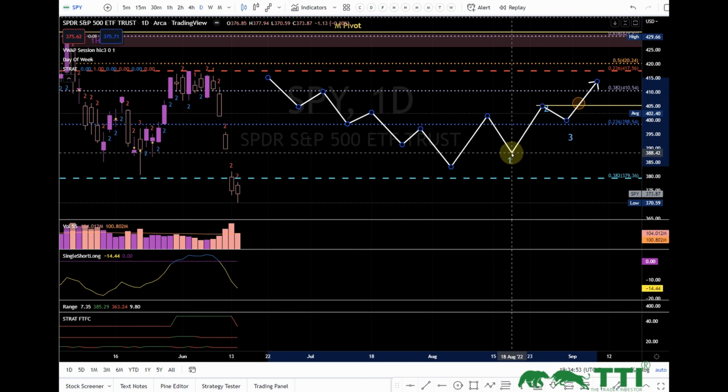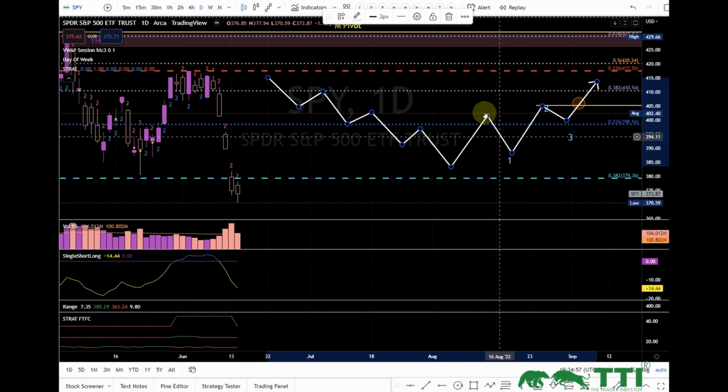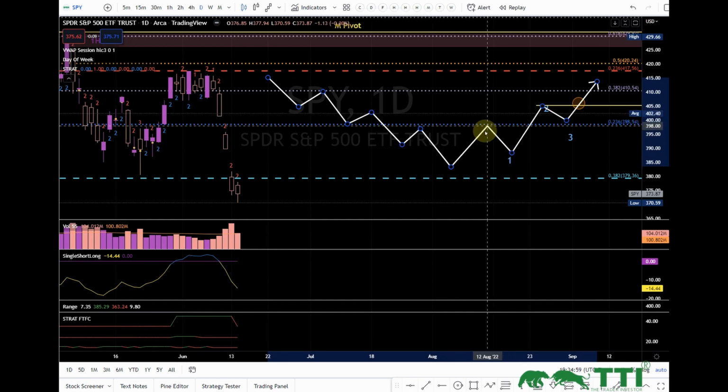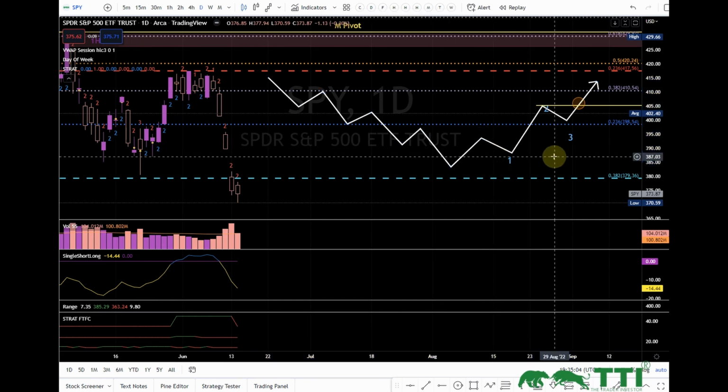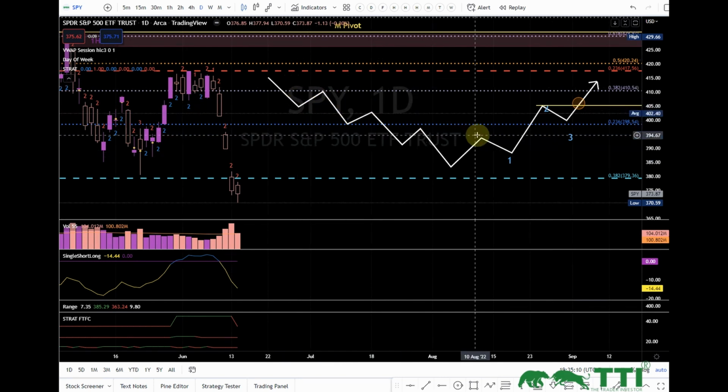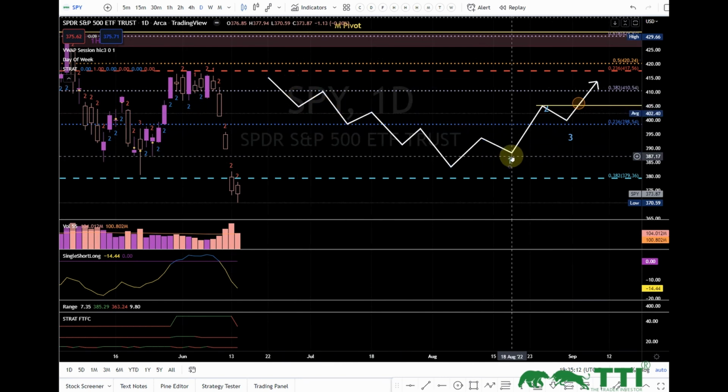Now here's another scenario for why this one is better than putting the one up here. What if this is a lower high? What if it's like this? If it's a lower high, you would think there's still continuation, but then you don't make a lower low.